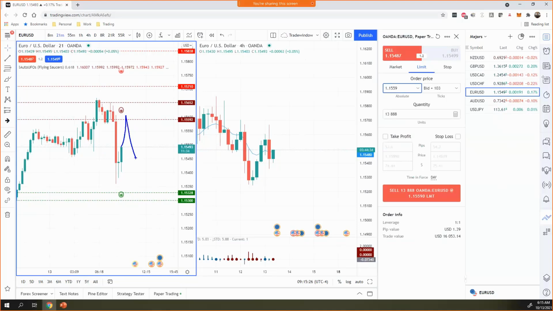Well, what happened is that bid and ask spread, you didn't get filled. So to make sure I get filled, I'm going to round it down because I'm going short. If I was going long, I would round this up. Okay, so 1559 is the entry point.